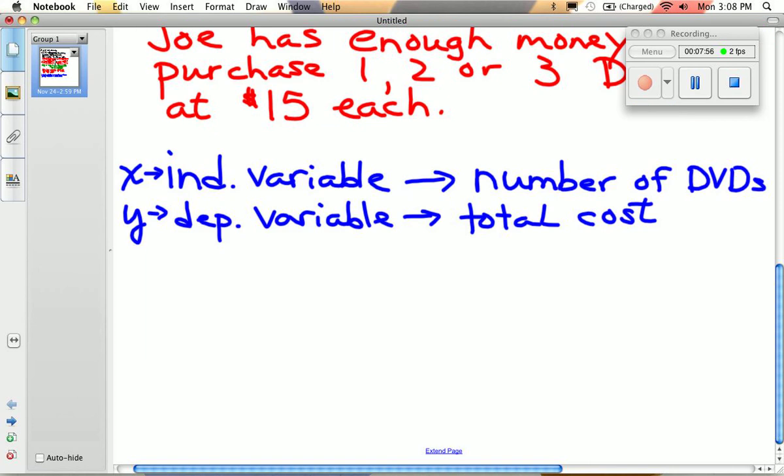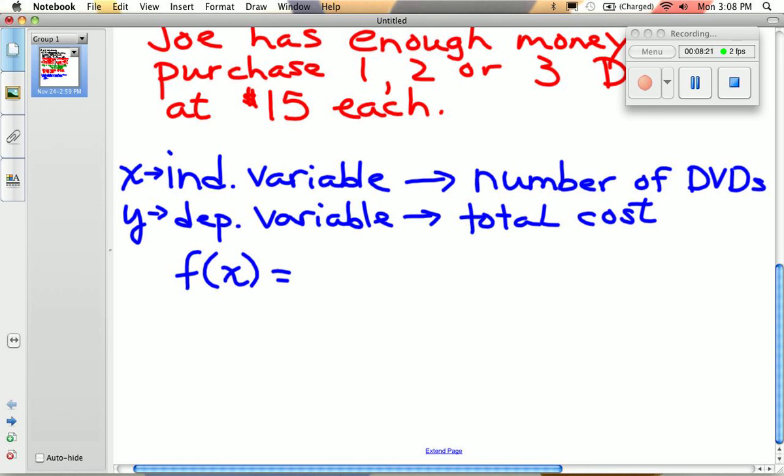So what kind of a function could we write to represent what's happening here? I want an equation. F of x? X is representing the number of DVDs.